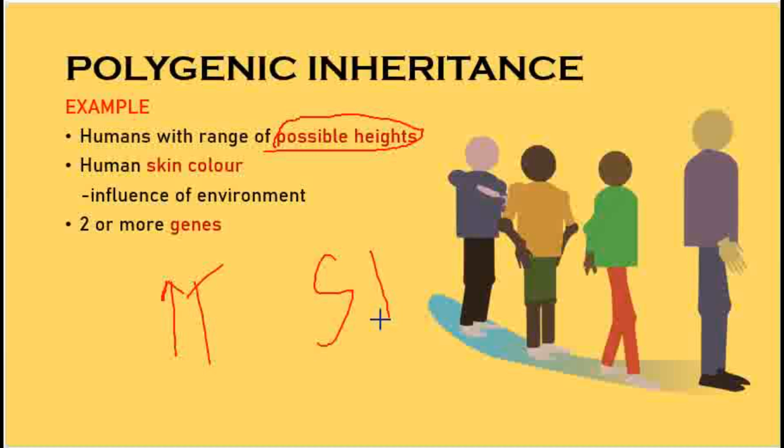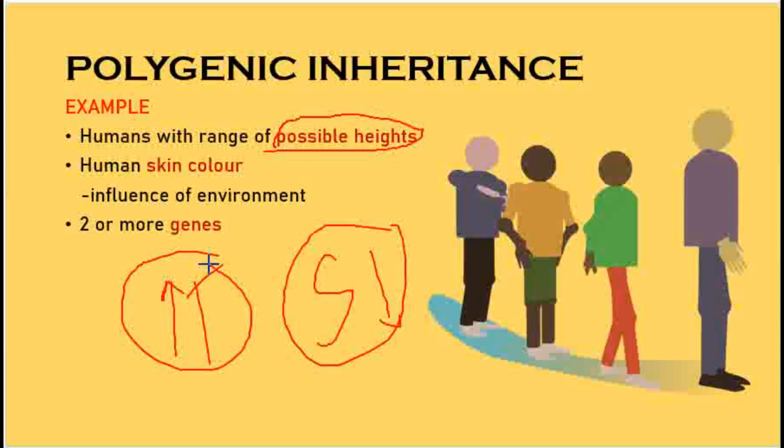These would be the two traits you would find in individuals. But that's not the case here; it will be found as gradients. In this tall and short range, you will find people with a varied range of heights.